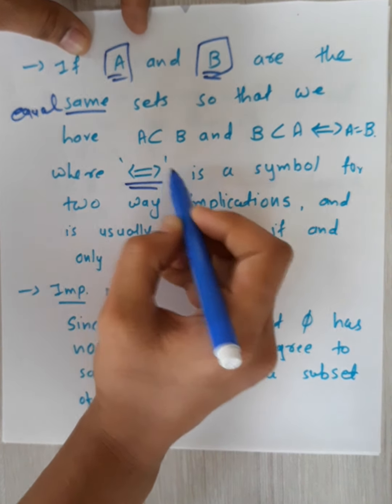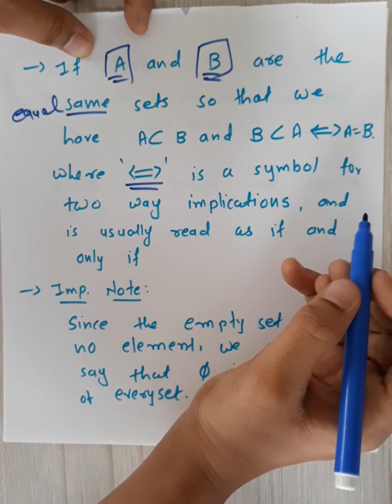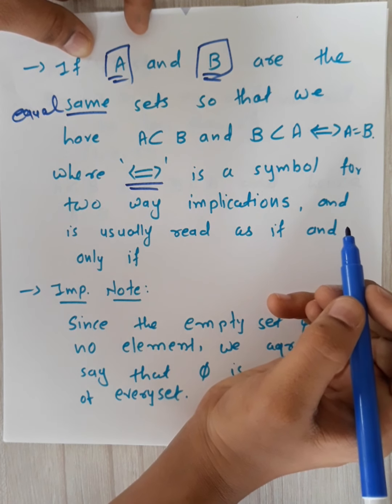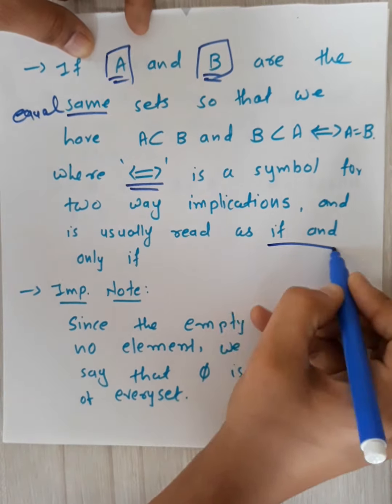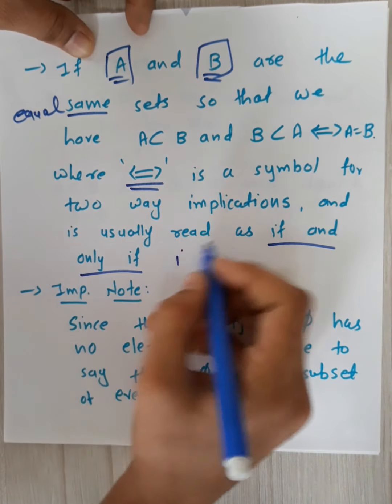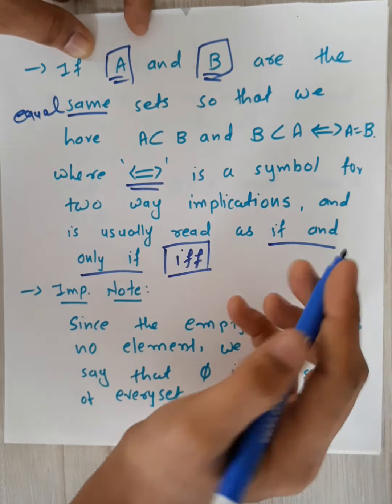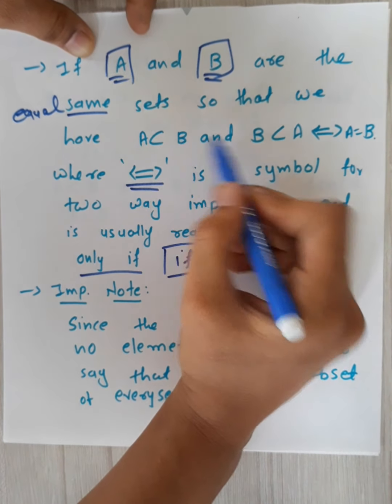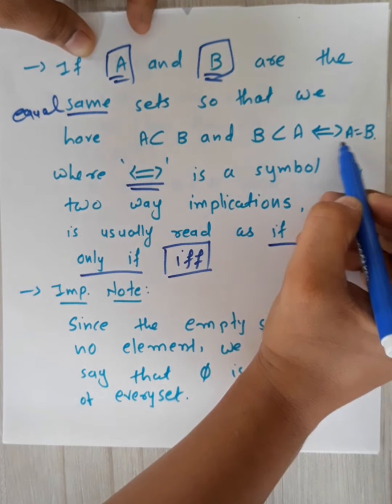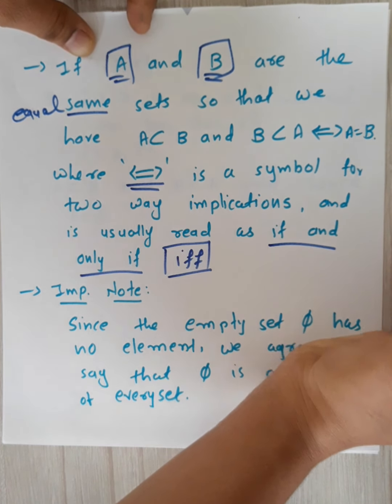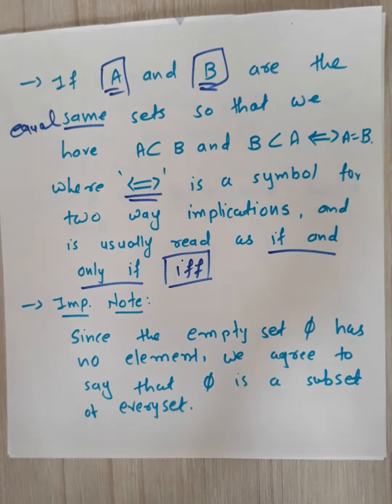We write it with a double arrow, two-way implication, and it is usually read as if and only if. In short you also write iff. If and only if A subset B and B subset A, if and only if A is equal to B. If A and B are equal sets, exactly the same set.